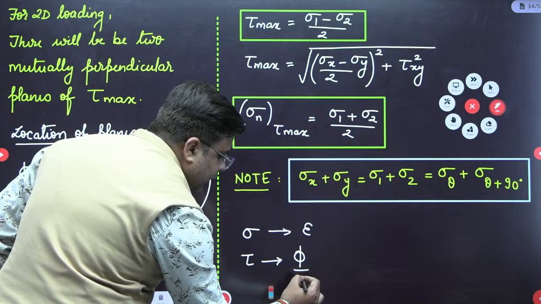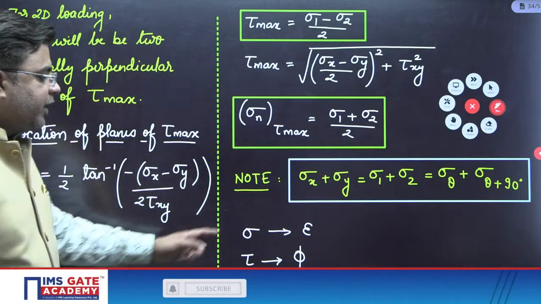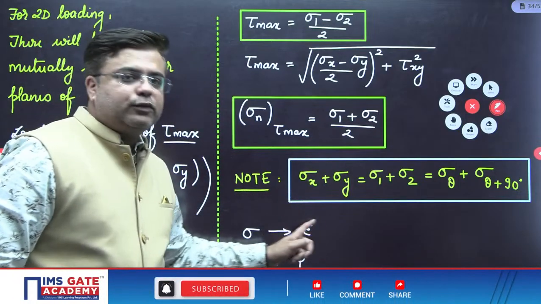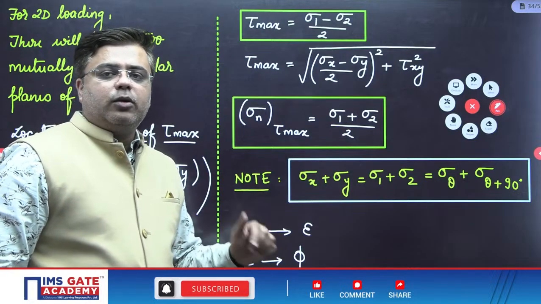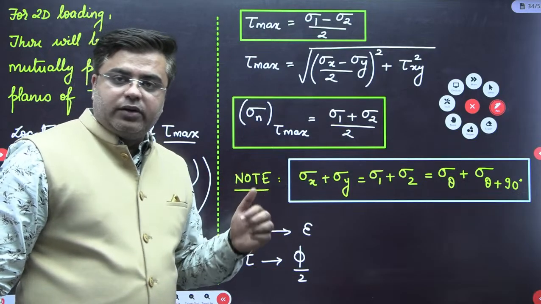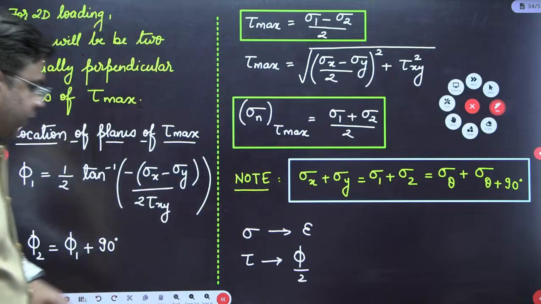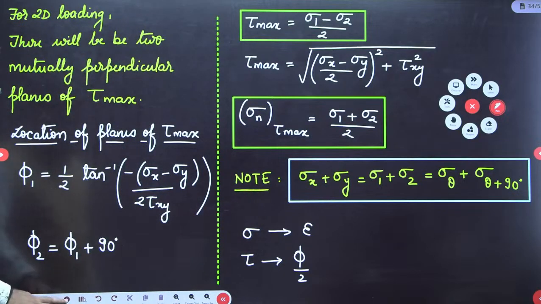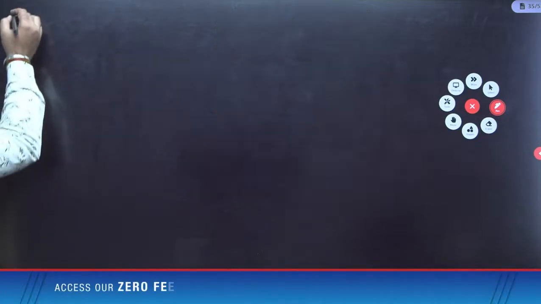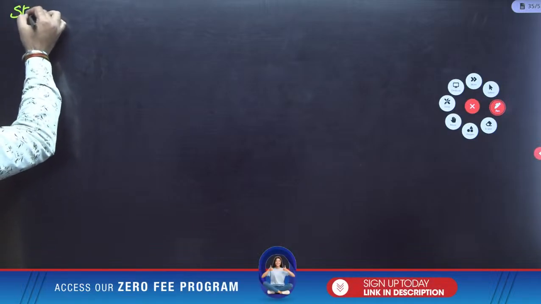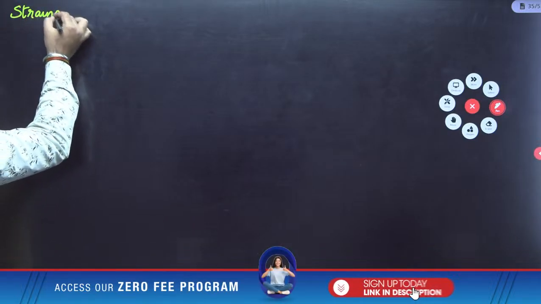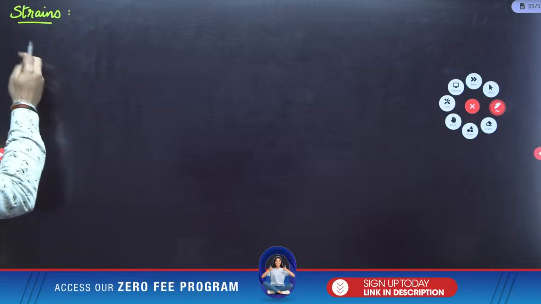So you can write down all the expressions for strains: on the oblique plane, the normal strain and the shear strain. So strains can be written like this.